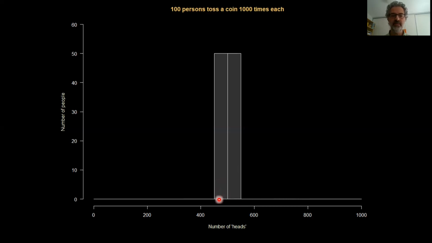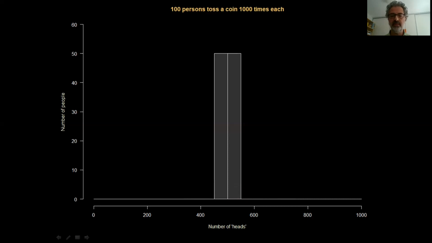And you can already think about this and realize that you'd be more likely to have 500 and 500 than 450 and 550. So a shape like that is hidden by the fact that the bins of this histogram are 50 wide. They're very wide. We'll see that shape later.